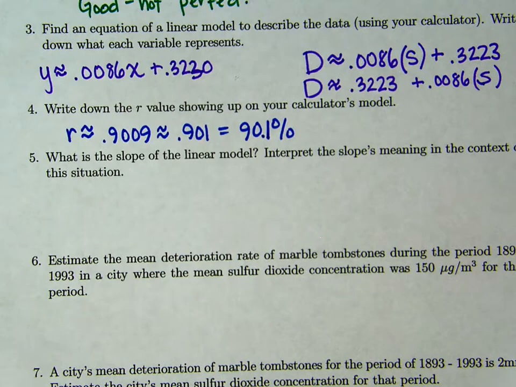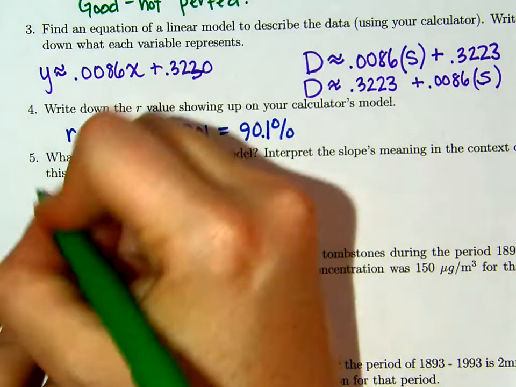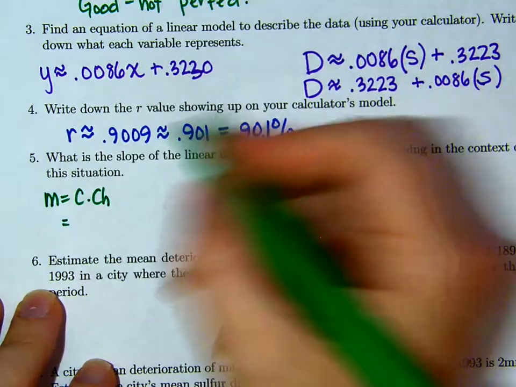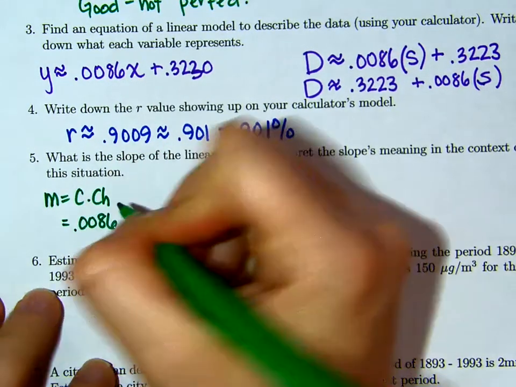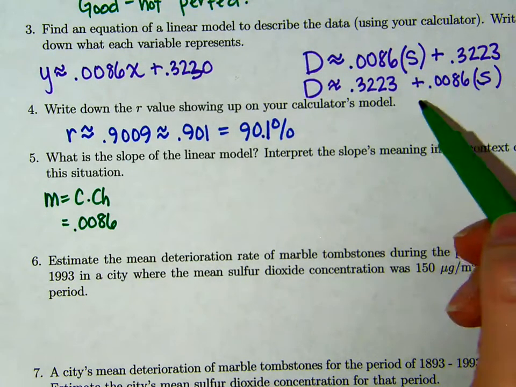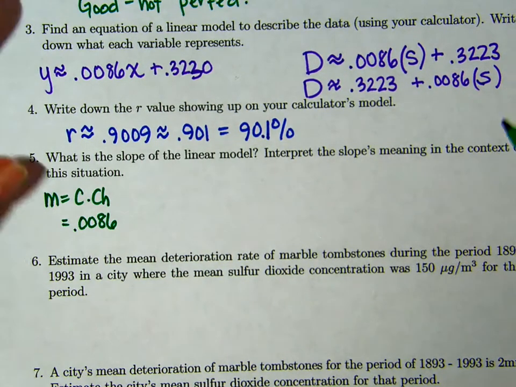What is the slope of this linear model? Interpret it. Well, the slope was this constant change here. So the slope equals the constant change, and that is 0.0086. Okay, so what is constantly changing as air pollution goes up?